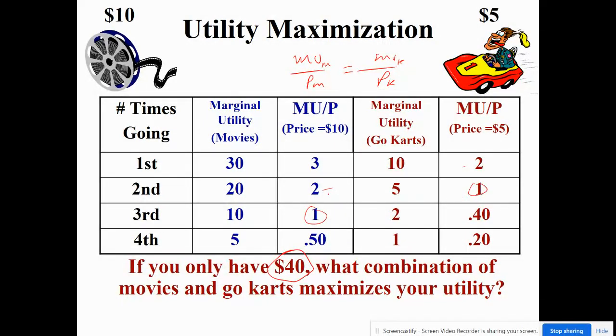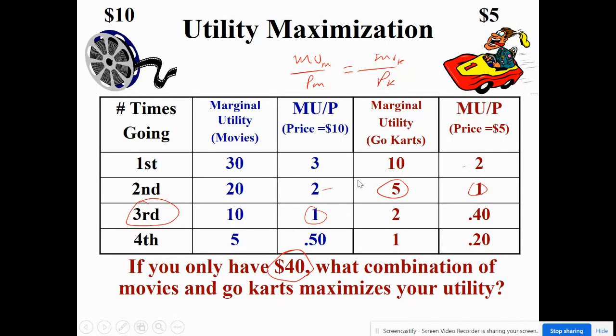This would be 10, 20, 30, and then 35 and 40. So right here, we would go to 3 movies and 2 go-karts. We go to the third movie and the second go-kart. That would be the combination that we would choose.